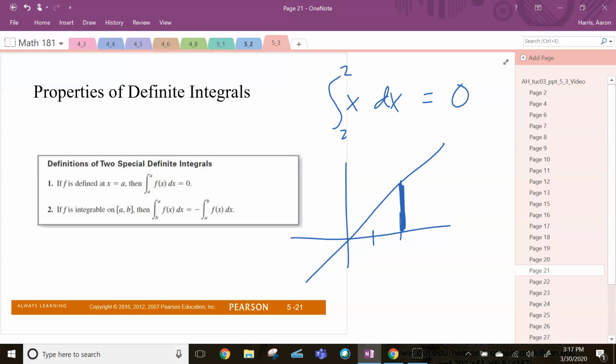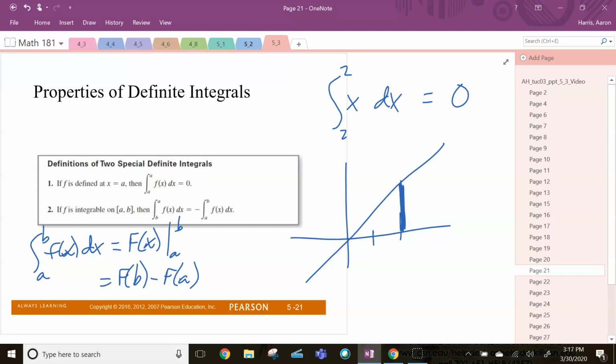Now, what if you were to switch this around? We know from a to b, f of x dx, per the fundamental theorem of calculus, is f of b minus f of a. So how could the integral from b to a be equivalent to that, right?